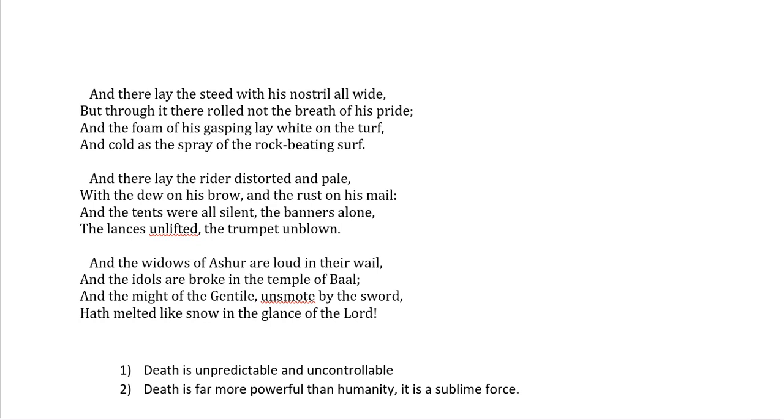The strength of those who are not Jews has vanished entirely. It's been unsmote by the sword, meaning that there's been no actual conflict here between human armies. It's actually melted like snow in the glance of the Lord. So we've got this idea of God protecting the Jewish people.